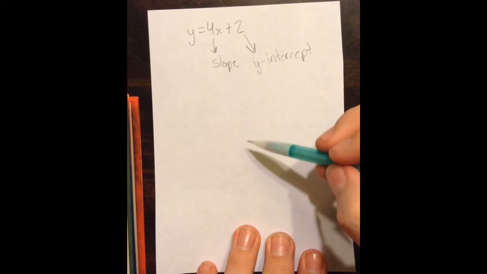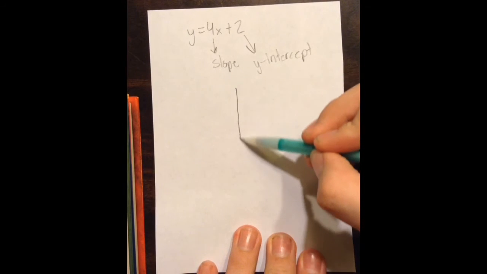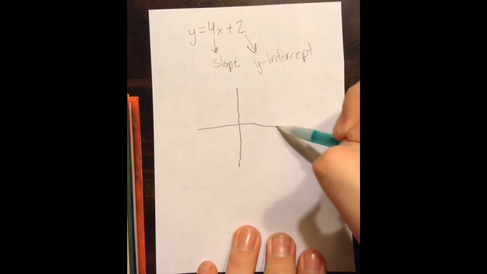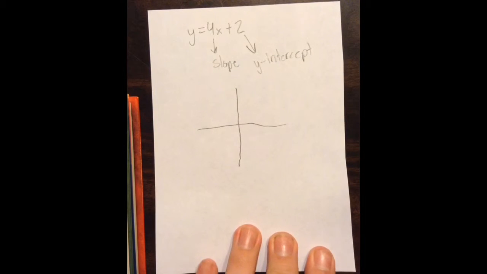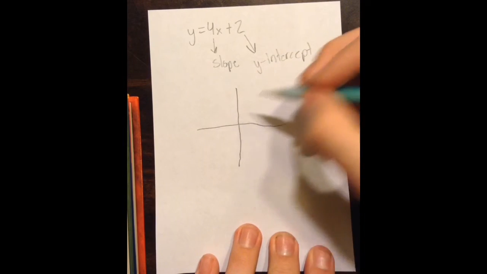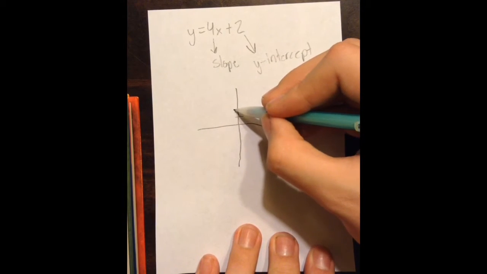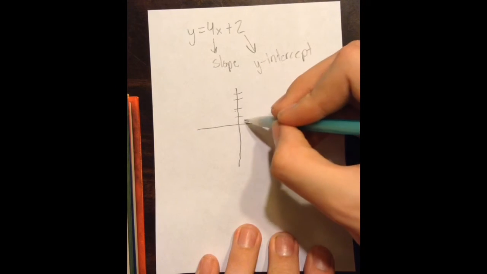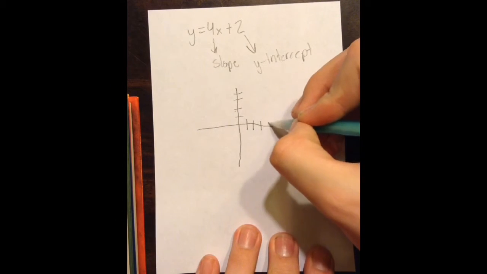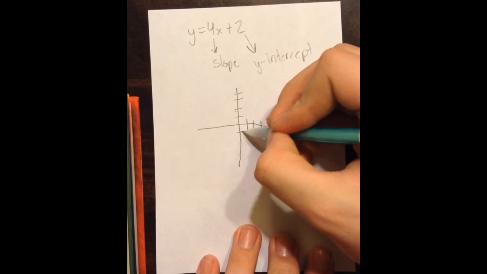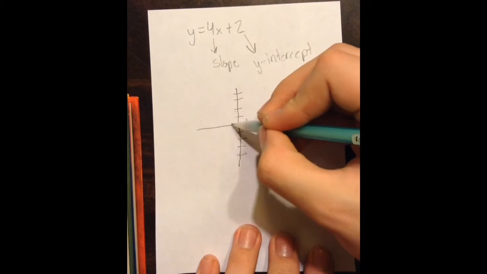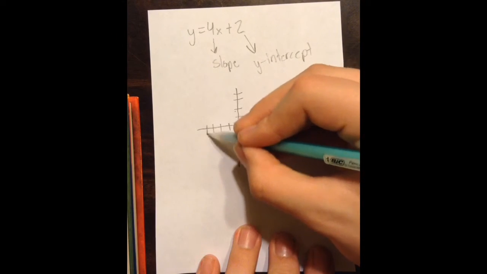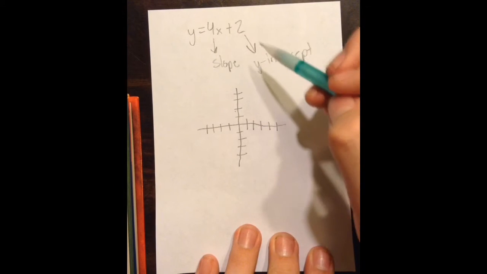If we just make a quick graph, it doesn't have to be perfect, I'm just doing something quick. If we just do some lines, all we need is the slope and the y-intercept.